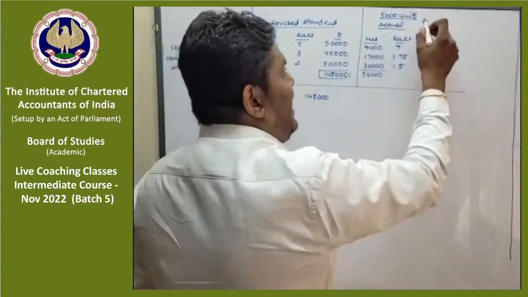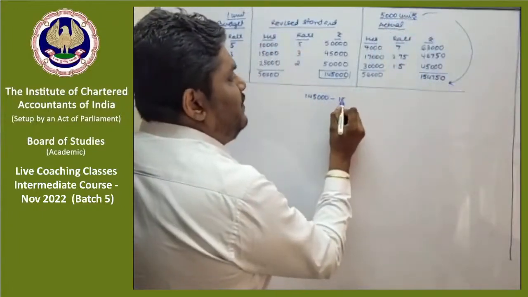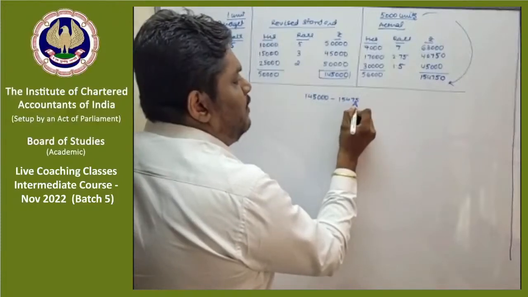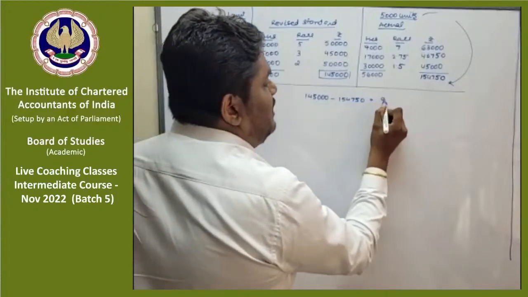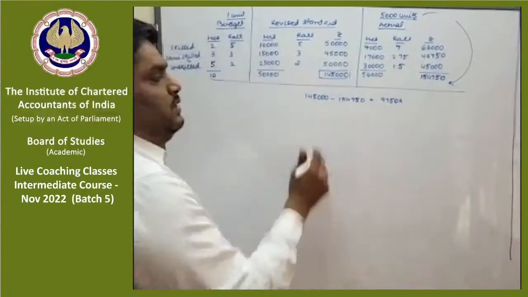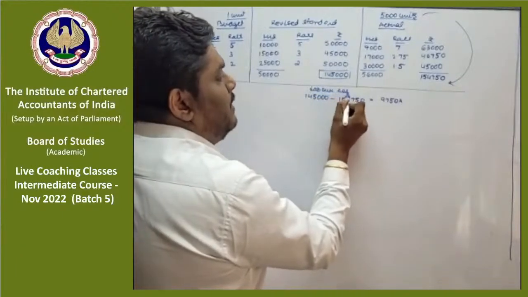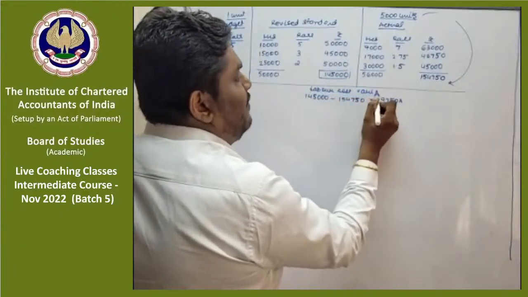And how much did we actually spend to manufacture these 5,000 units? 154,750. How much extra? 9,750 extra we spent. So this is adverse. So this is what we call labor cost variance.